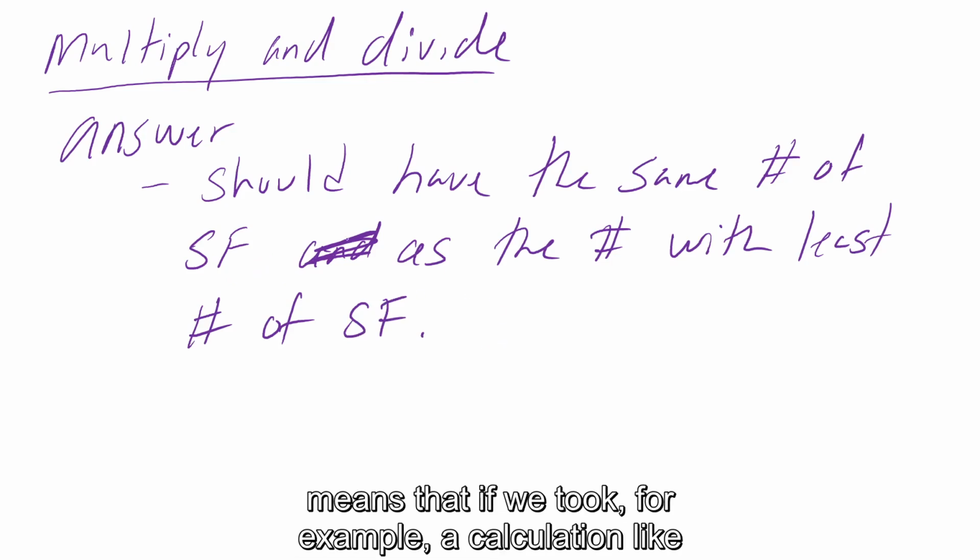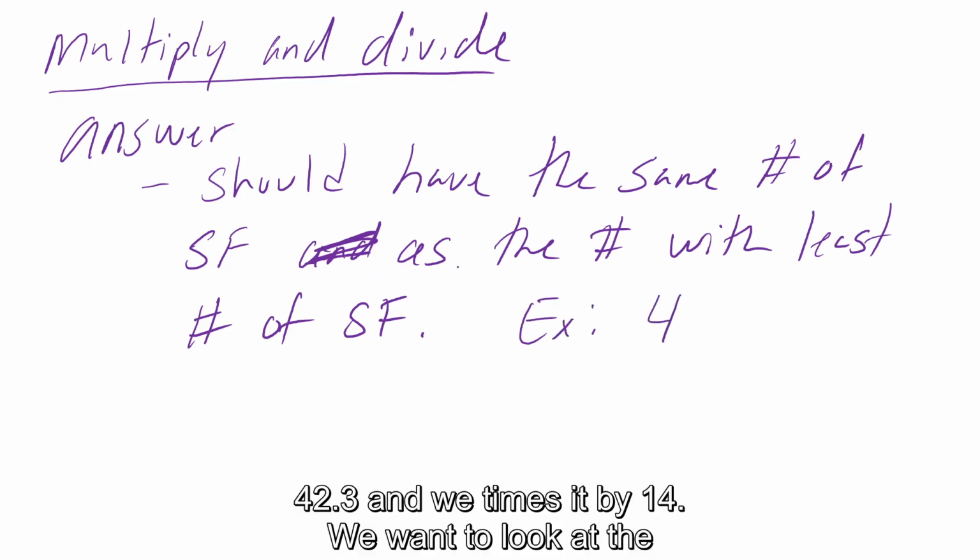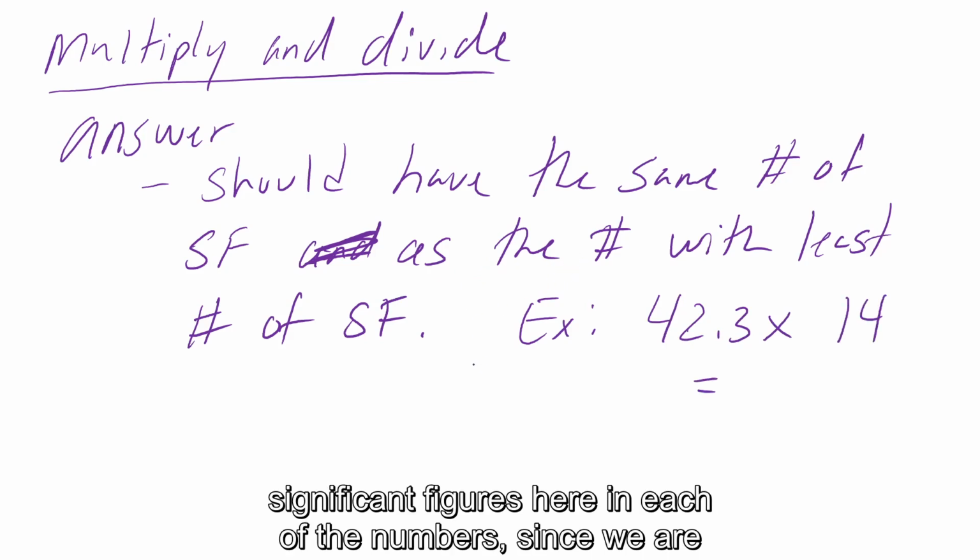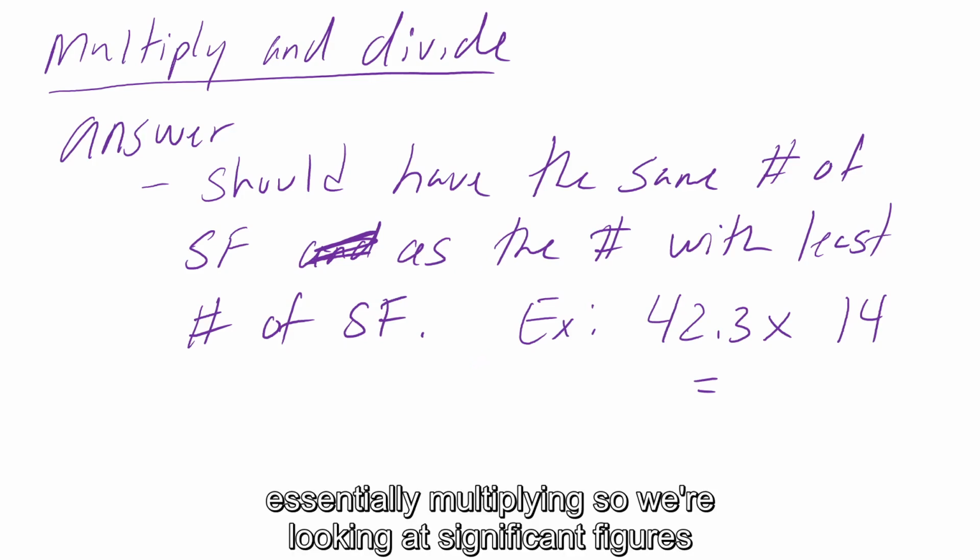And that means that if we took, for example, a calculation like 42.3 times 14, we want to look at the significant figures in each of the numbers, since we are multiplying.